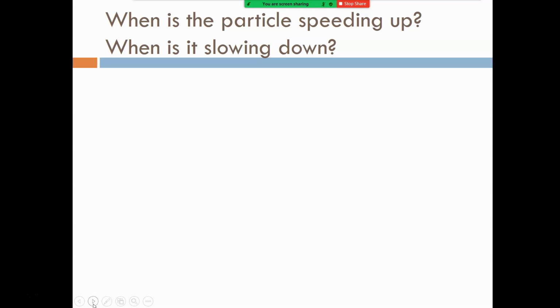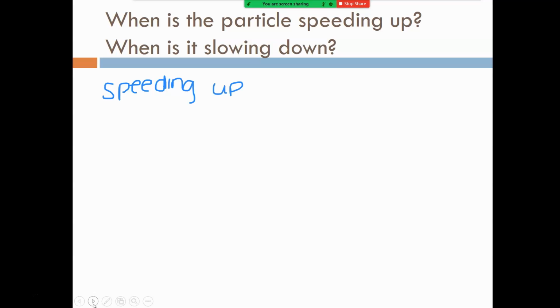And then I told you today we would talk about speeding up and slowing down. A particle is speeding up if velocity and acceleration have the same sign.